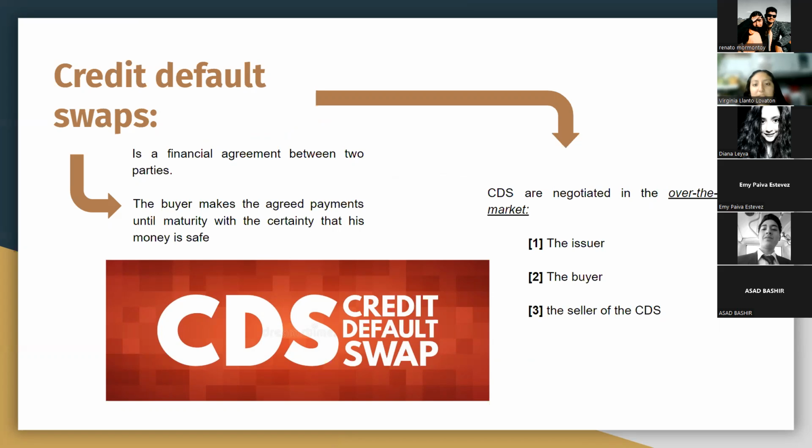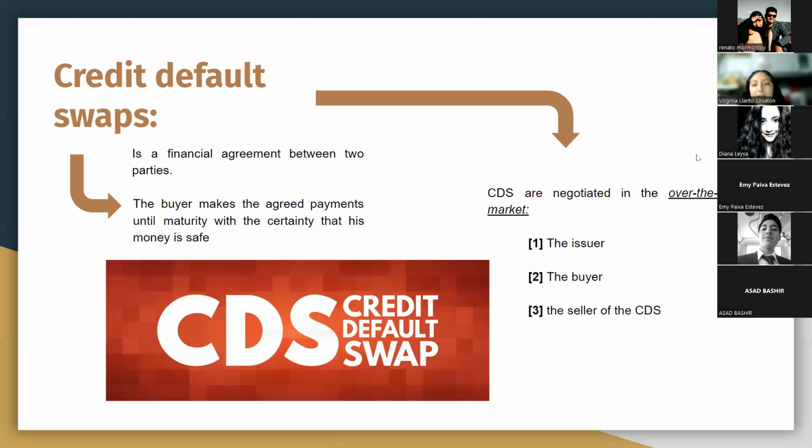Credit default swap is a financial agreement between two parties, which consists primarily of one of the parties, the buyer, acquiring protection from the other party, the seller, against losses or defaults that may occur during the agreed period of time. Therefore, with the security of the CDS, the first party makes the agreed payments until maturity with the certainty that his money is safe.